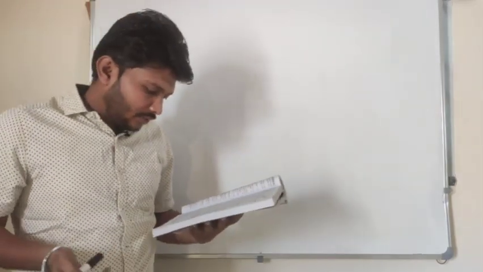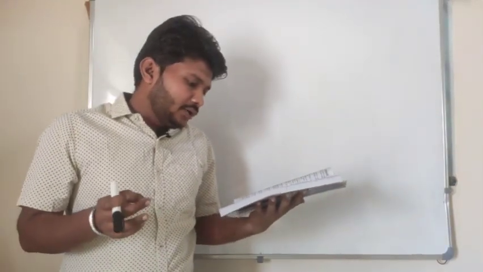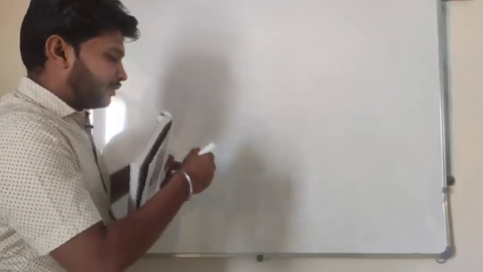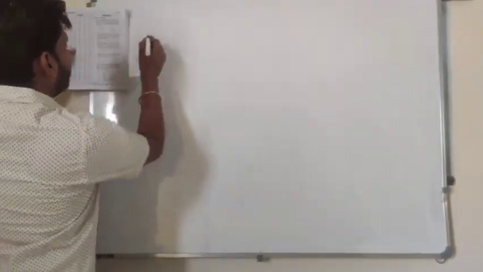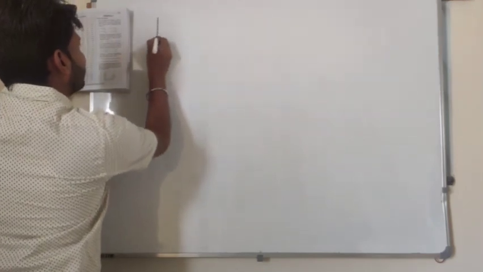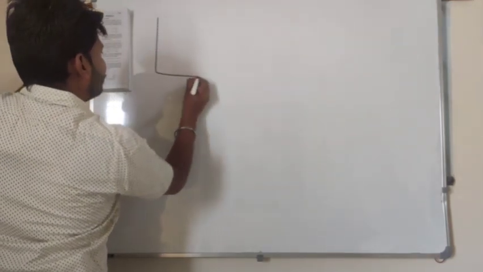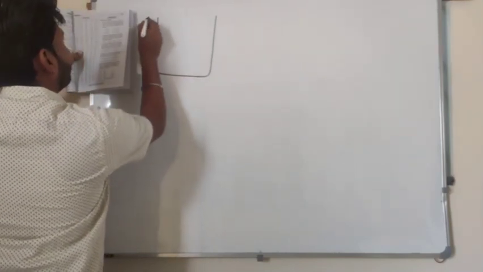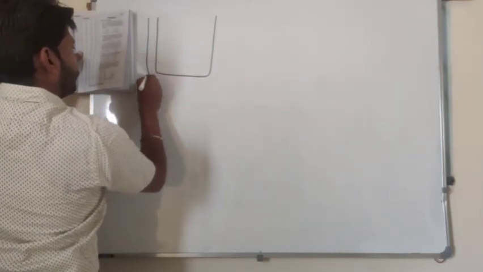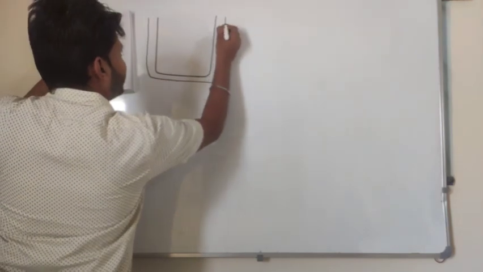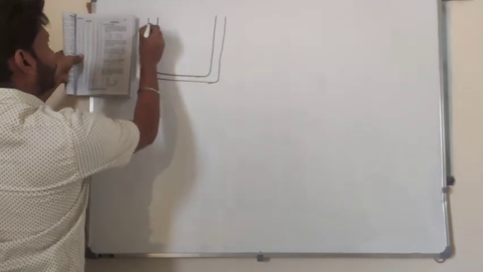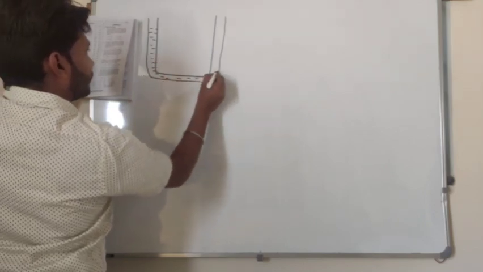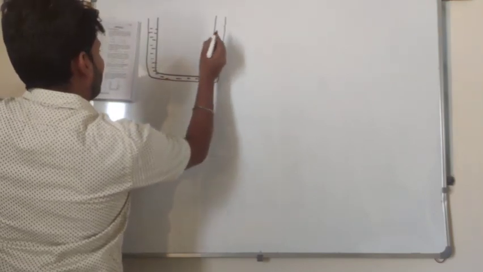Okay, so we'll go for the next question. The figure shows a U tube of uniform cross sectional area A. They mention one tube having that U shape. Let me draw the diagram. The U shaped tube is filled with liquid.